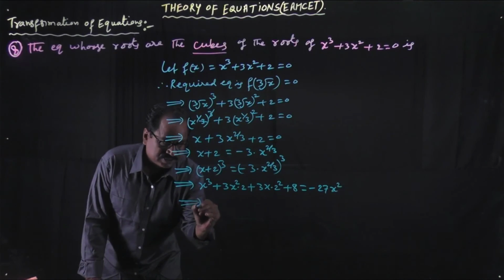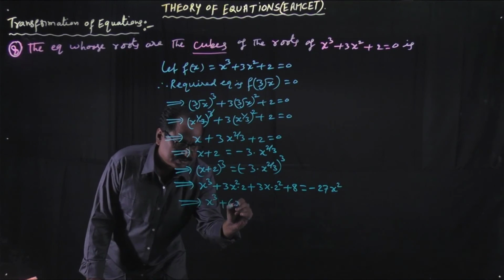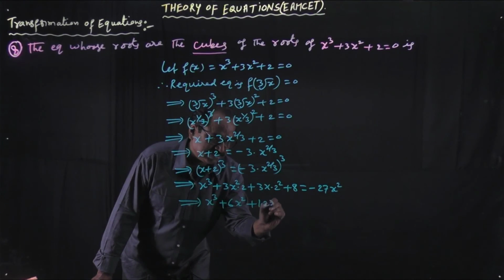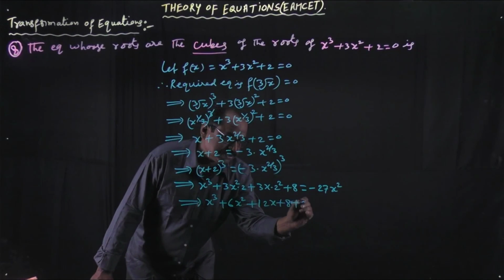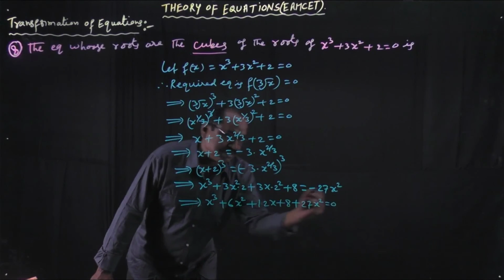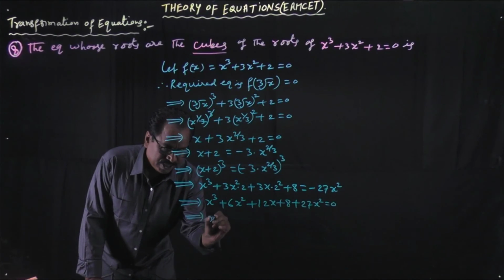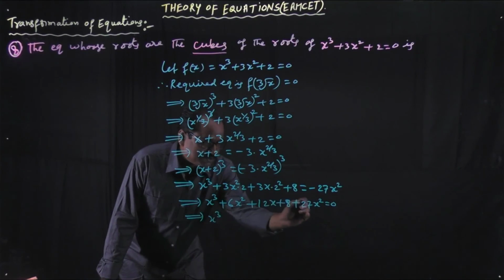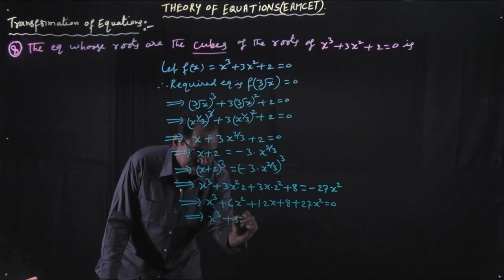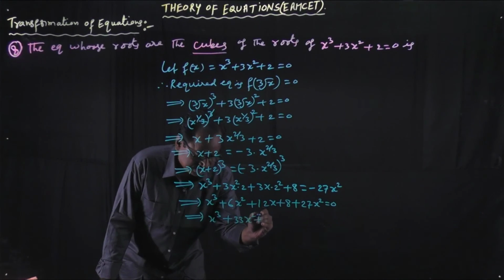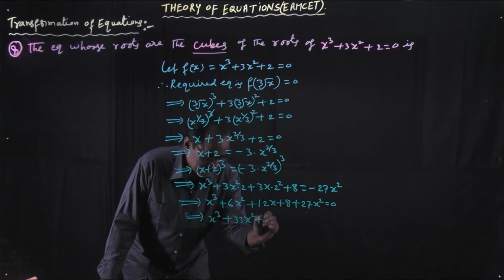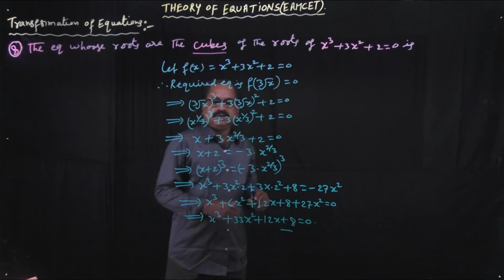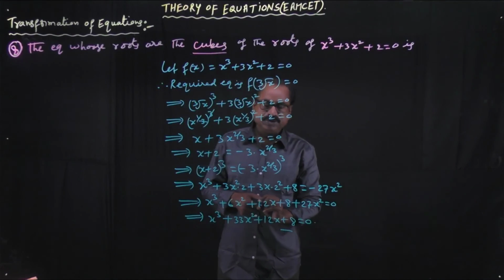So this implies x cube plus 6x square plus 4 into 3, 12x plus 8 plus 27x square is equal to 0. So this implies x cube, 6x square plus 27x square, that is equal to 33x square plus 12x plus 8 is equal to 0, which is our required solution or equation.